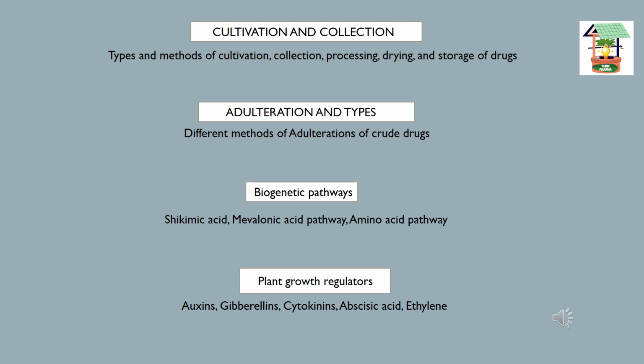And then next, coming to biogenetic pathways, as we have already discussed in the previous slide: the shikimic acid pathway, mevalonic acid pathway, and then the amino acid pathway. Next, coming to plant growth regulators, these are auxins, gibberellins, cytokinins, abscisic acid and ethylene. We have to learn here the definition and its function.